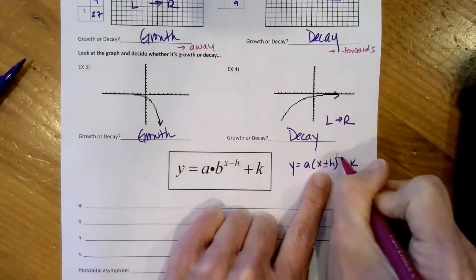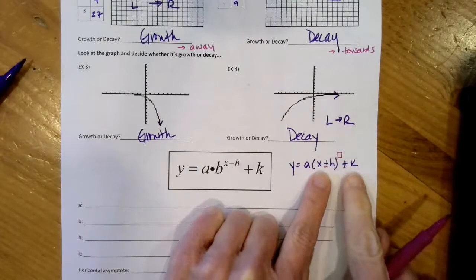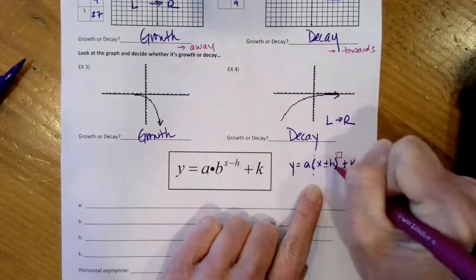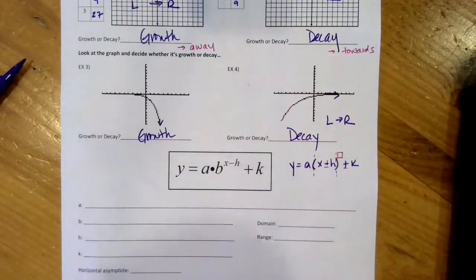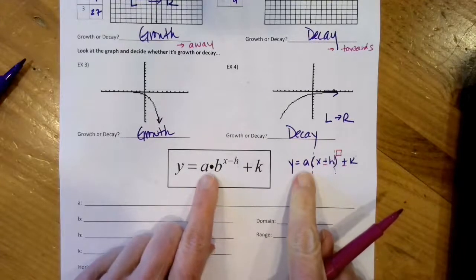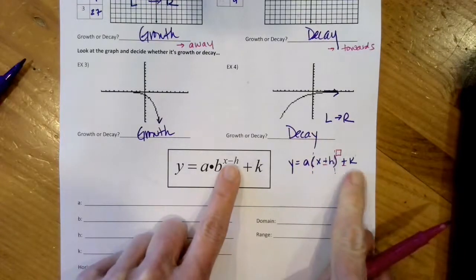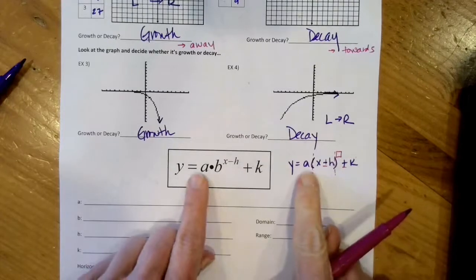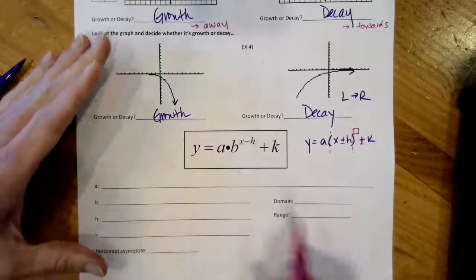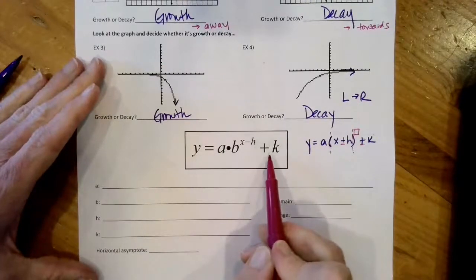And maybe this is an exponent, depending on if it's a quadratic or cubic. We've also seen our absolute value bars. But you'll notice the same characters are here. Here's my h and my k. Here's my a.